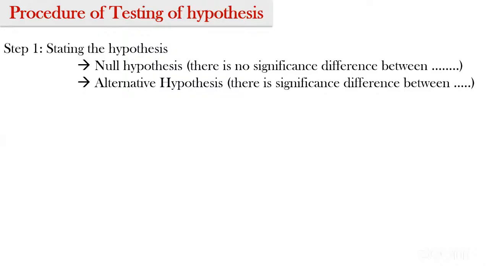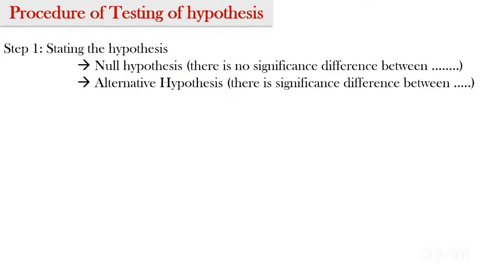Statement-wise, you say there is no significant difference between the variables which you're going to test. When I say there is no significant difference, it means they both are equal. That is what notation-wise goes.